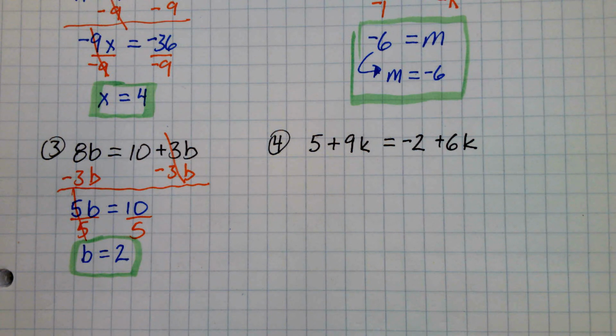Like in this one. 5 plus 9k equals negative 2 plus 6k. Okay. Go ahead and write that down.